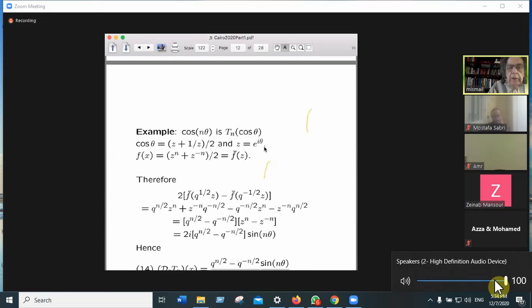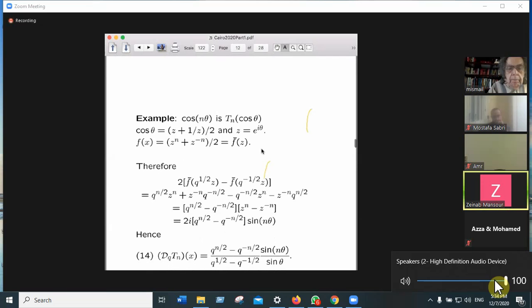No, it's not, because theta is not real. So when you write 1 over z, you didn't mean the conjugate. You mean 1 over z. Yes. So it's not necessary that the absolute value of q to the power half z equals 1. I always don't understand this part, because I thought... No, theta, no.